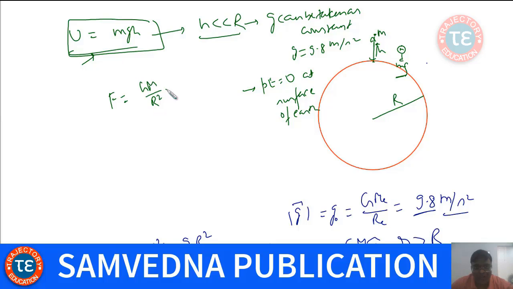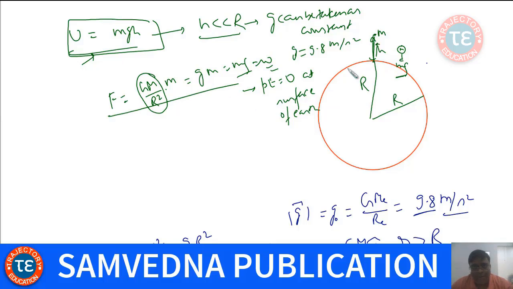That would be equal to gravitational field into mass of that body. Gravitational field is what? Force per unit mass. So if you have a body of mass m, the force exerted by earth is going to be this, in the vicinity where this r can be taken as the radius of the earth. So this is g, this is m, so it is mg. That's called weight. You all know this, that's why I'm not going into details of this.